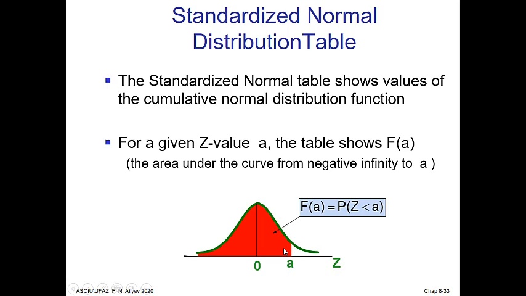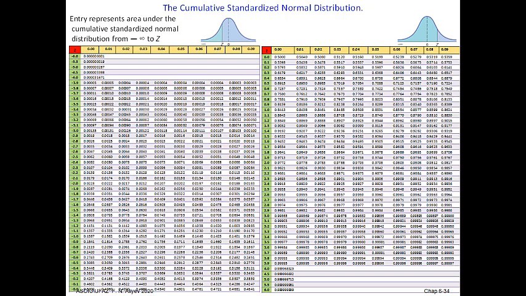Now let's consider the table. This is the cumulative standardized normal distribution table. In this part we have negative values of z, and here we have positive values of z.